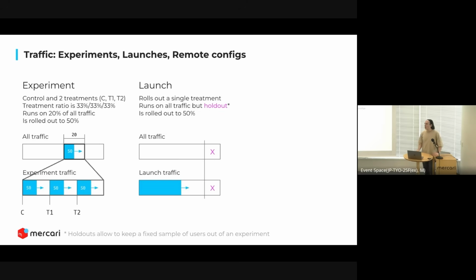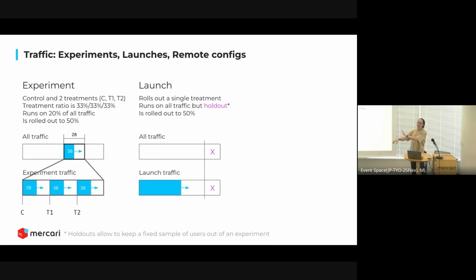So for holdouts, it's a deep topic, right? But just for now, you need to know that sometimes you want to reserve a fixed sample of users who will not get your experiment. And I will just briefly say, when you run an experiment, you may save some users to not experience it.